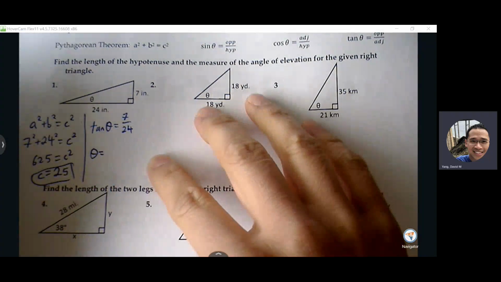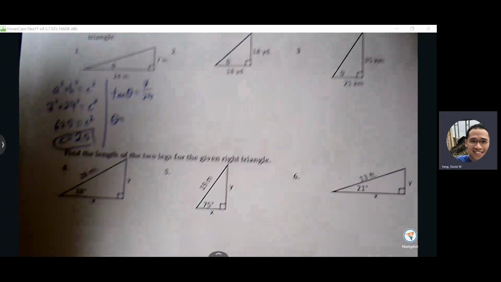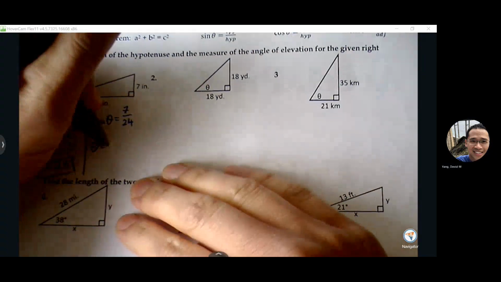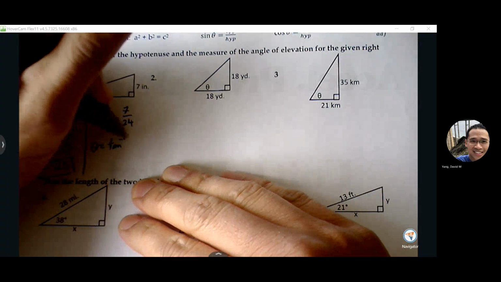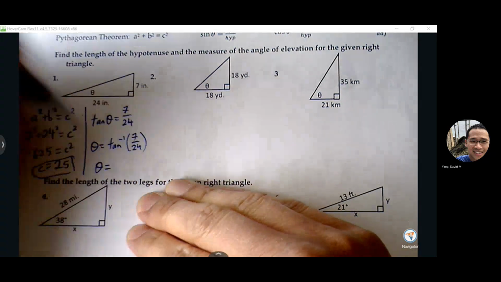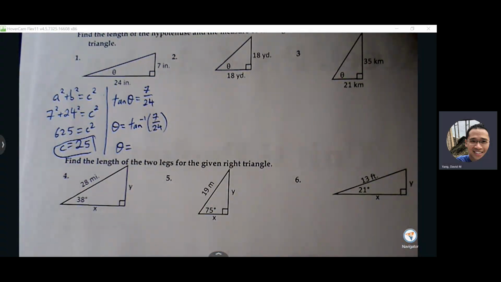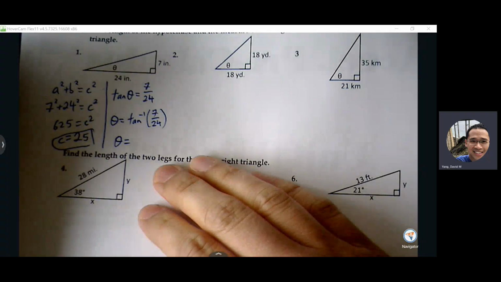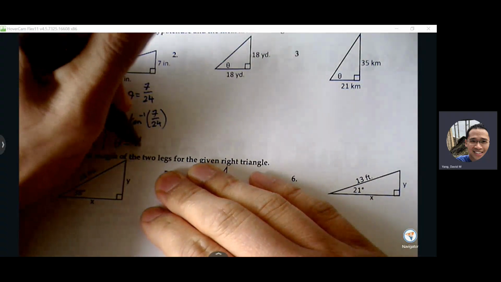These will be in terms of degrees, so make sure you're in degree mode. So inverse tangent of 7/24, which is rounded to 2 decimal places.